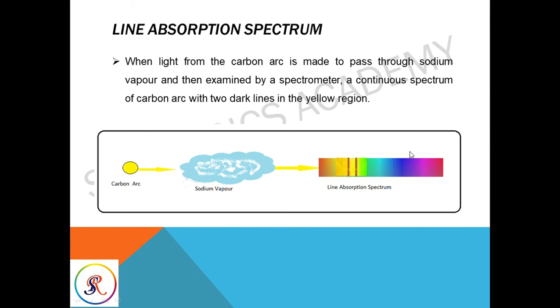Look at this image. Through the spectrometer only we can see the spectrum. Here, in the particular yellow region, we can see two dark lines. So this is a line absorption spectrum. You can study more detail in higher classes.